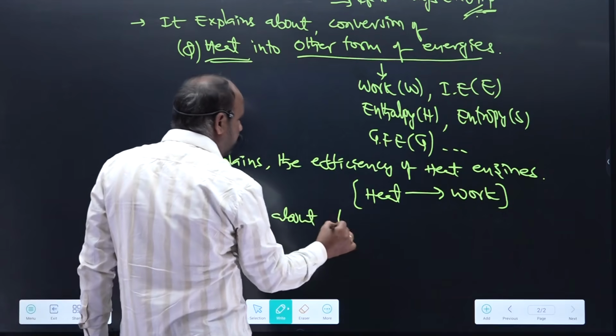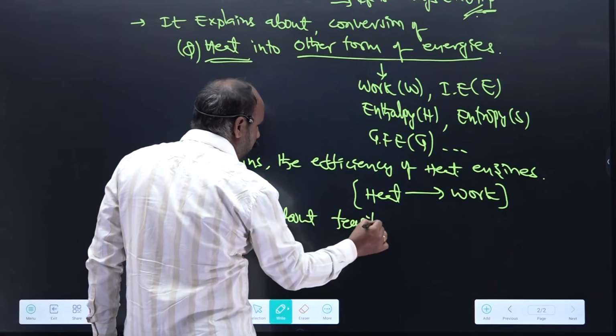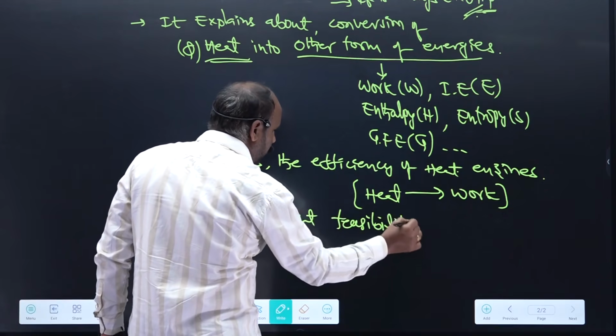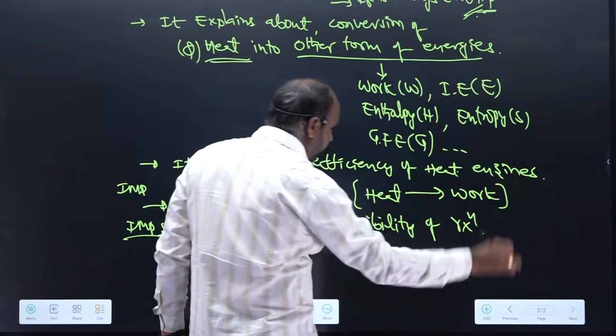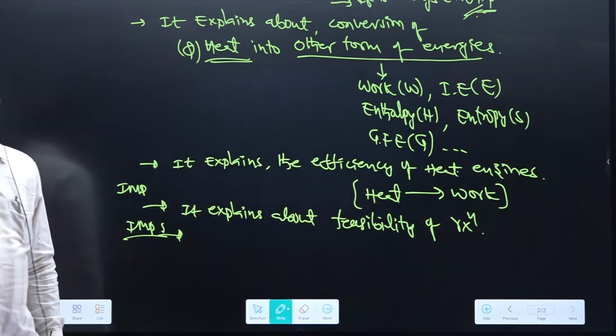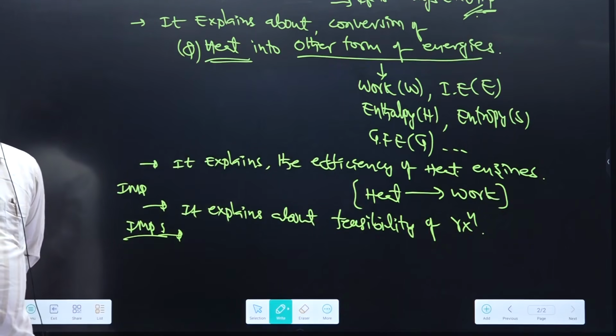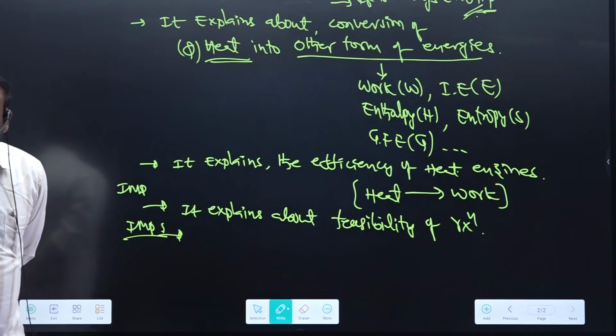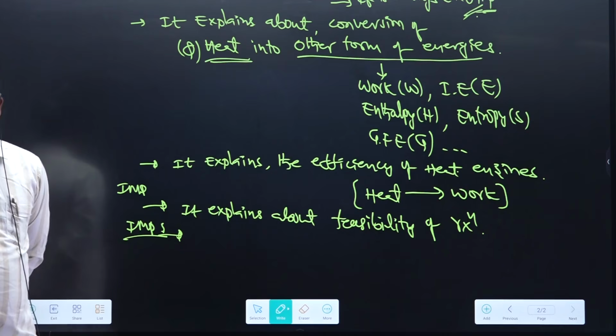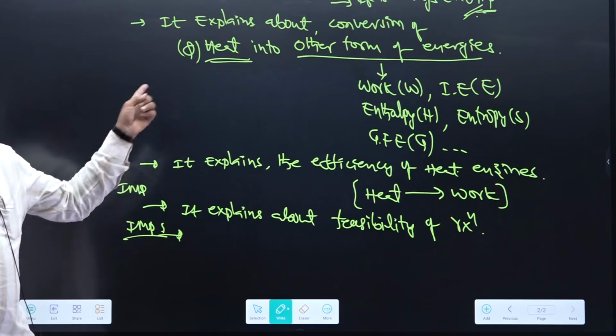feasibility of the reaction. What is meant by feasibility? Feasibility means possible, whether the reaction is taking place or not. That also we have to explain with the help of thermodynamics.